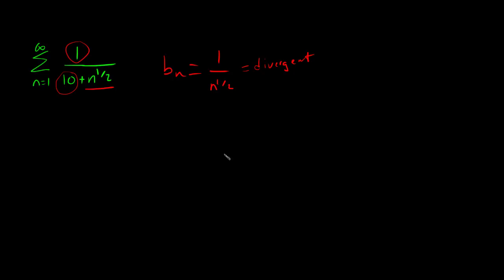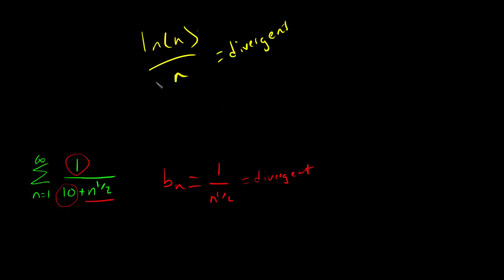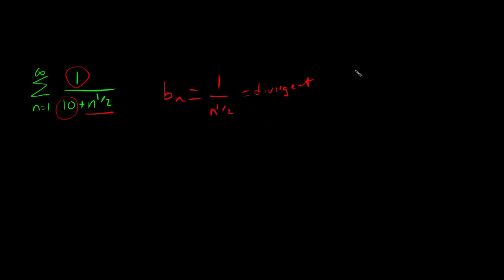However, there's one small problem with this that we touched on in this problem as well. 1 over 10 plus n to the 1/2 is less than 1 over n to the 1/2. This 10 makes it so that the denominator is always bigger than this denominator. So this is always going to be smaller than this.